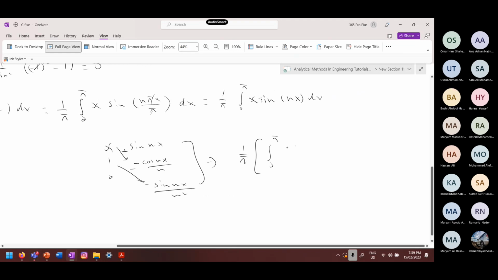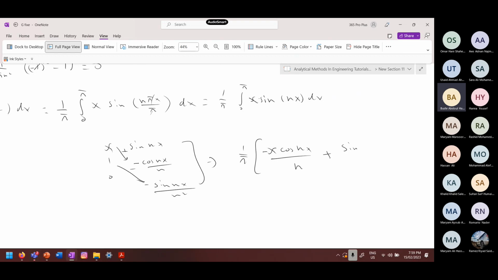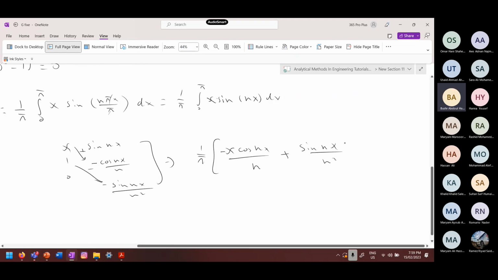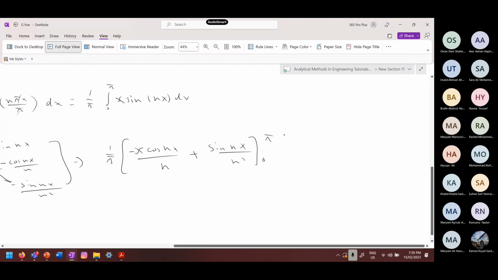Sorry, there's no integration here. Okay, x cosine nx over n, minus positive sine nx over n squared, 0 to pi.